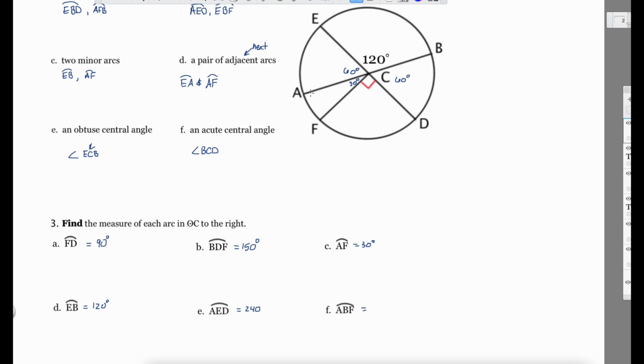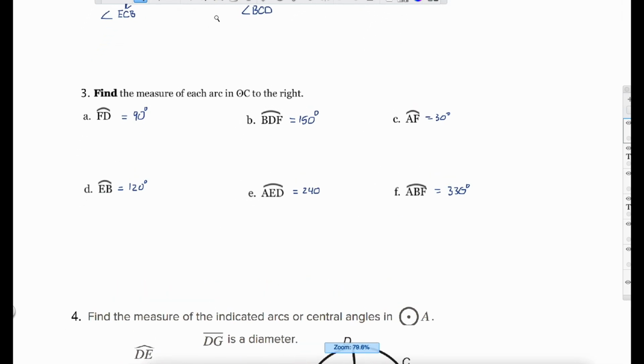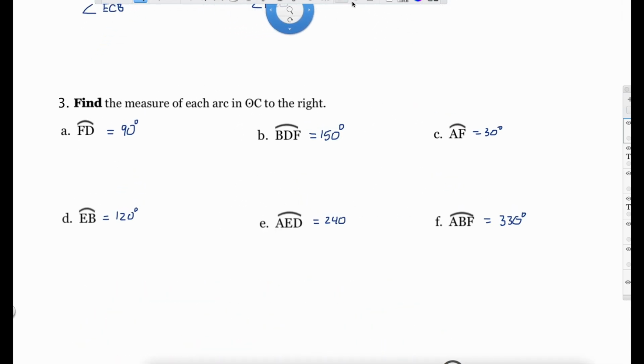ABF, we're going almost all the way around except for 30, so we're 30 short of 360, so that's 330. Those are our solutions for that.